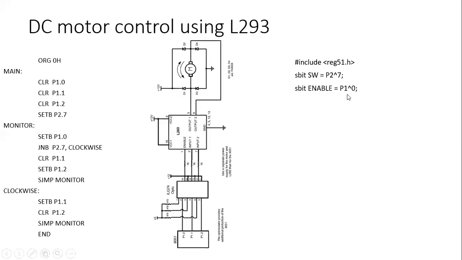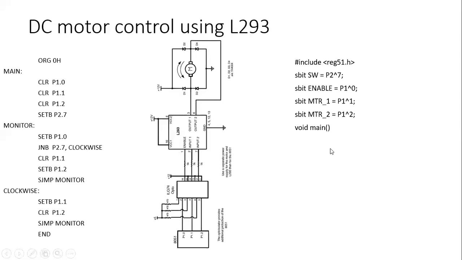Then the enable pin is called P1.0, so that is going to be the enable for us. Then P1.1 we call motor 1 terminal, and P1.2 is called motor 2nd terminal. Like this, by using the SBIT construct, we named the pins for our convenience. Next, we start with the void main.